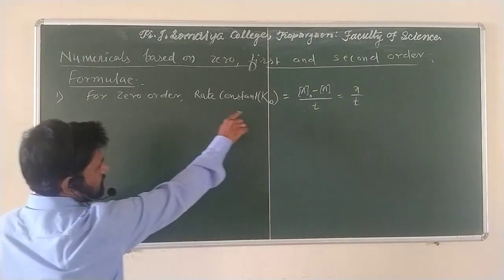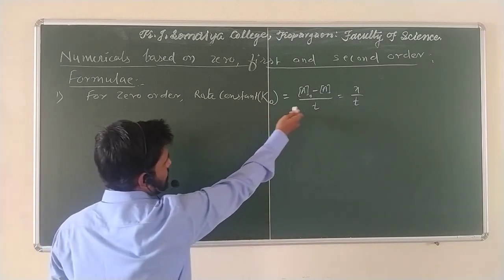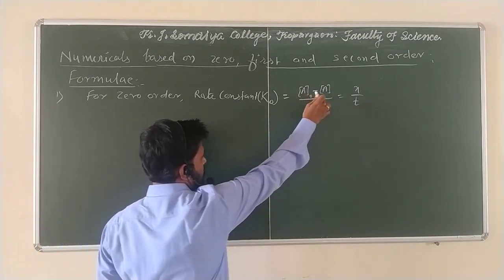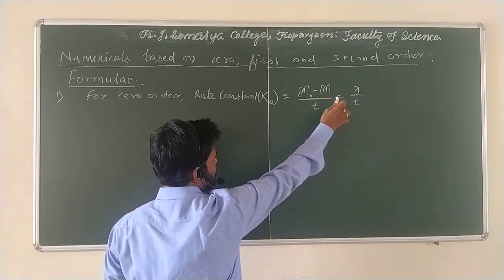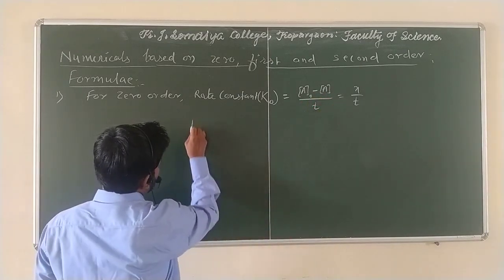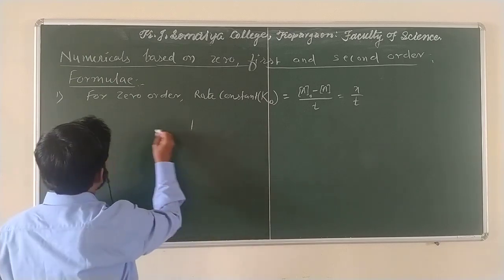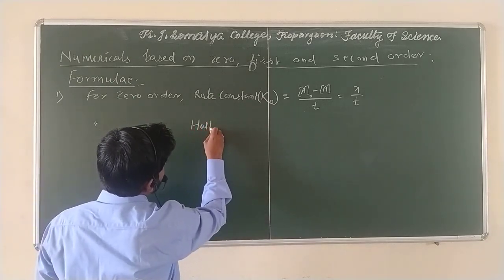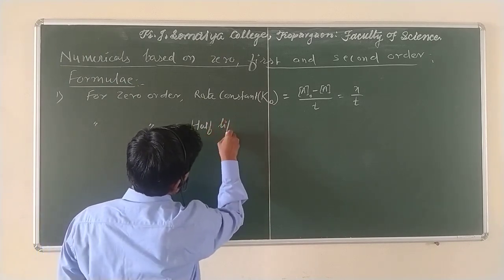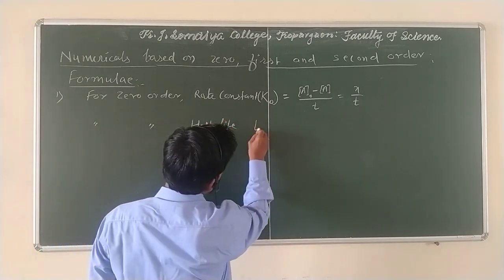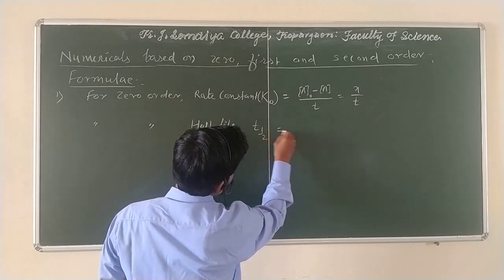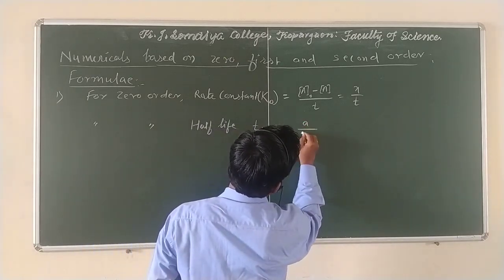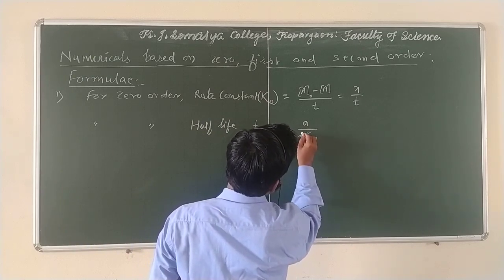Now for zero order reaction, we have written the rate constant K0 equal to A0 minus concentration of A upon T, which is nothing but X upon T. Here, half-life for zero order reaction, we already saw. What is the half-life? T half is equal to A upon 2K0.